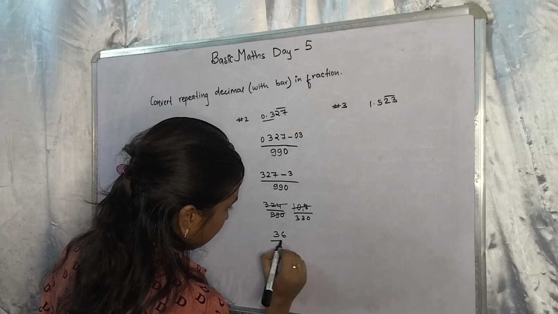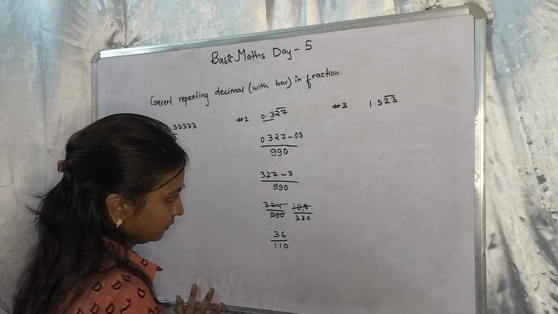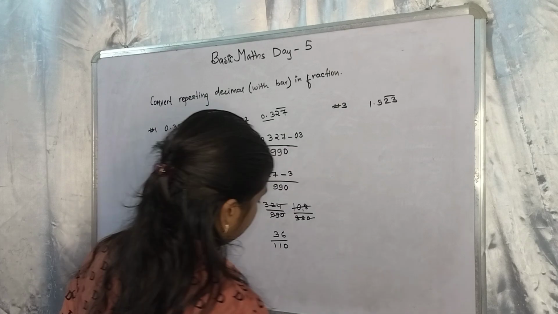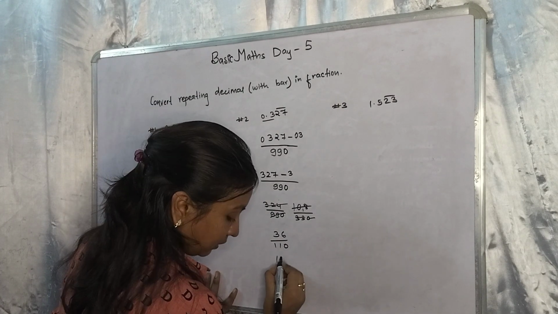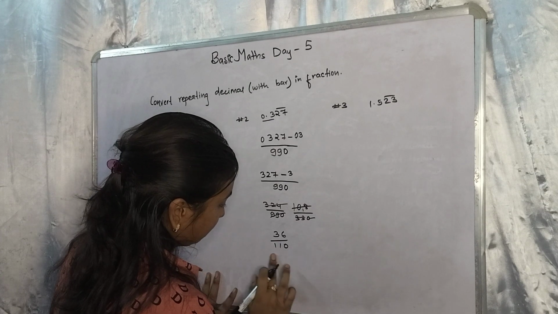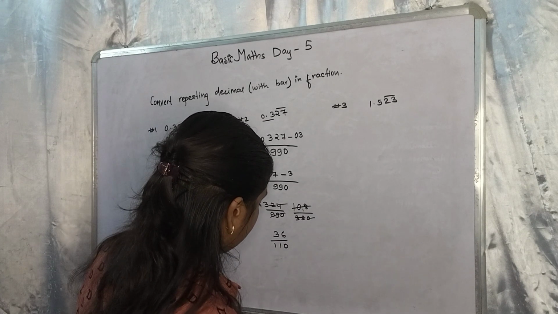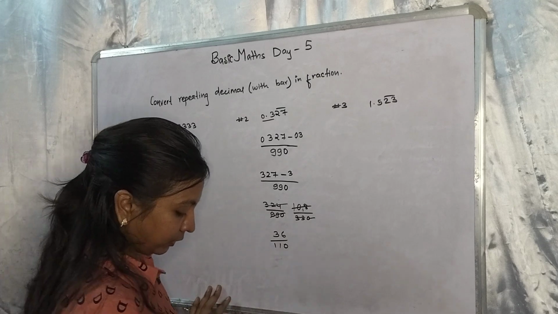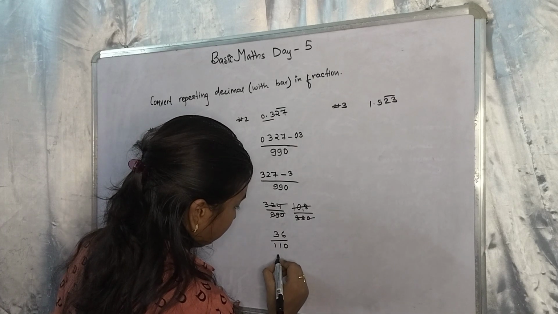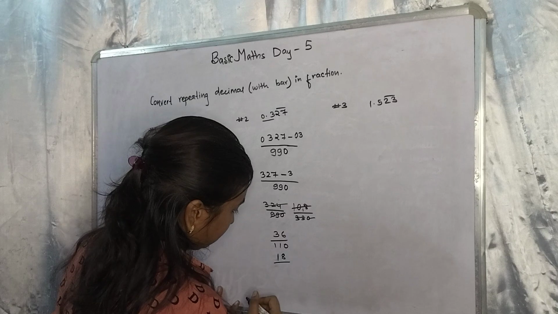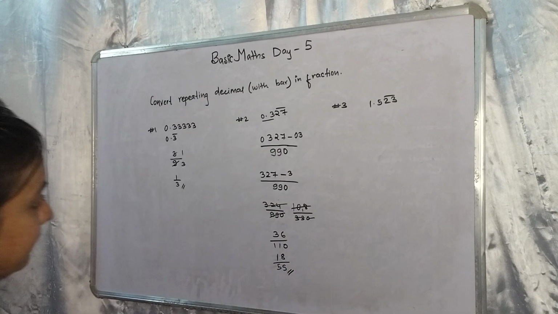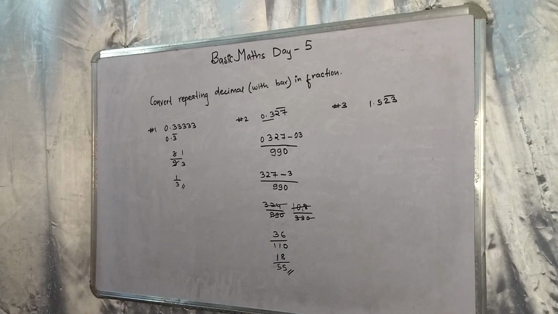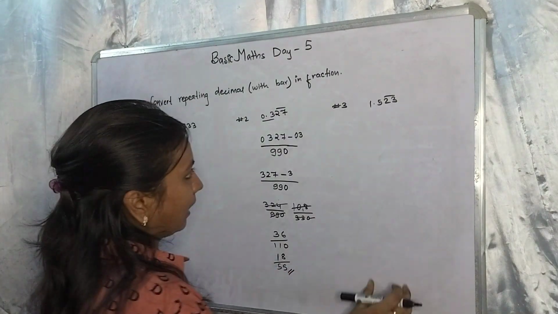Now let's do it with 2. So 2 fifty-fives are, yes, 2 fifty-fives are 110. So this is your answer. Understood? Now I think things get clear after solving this third question.